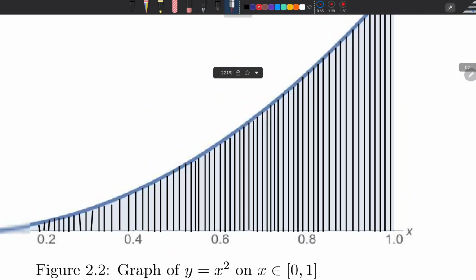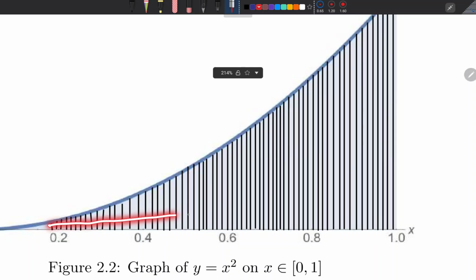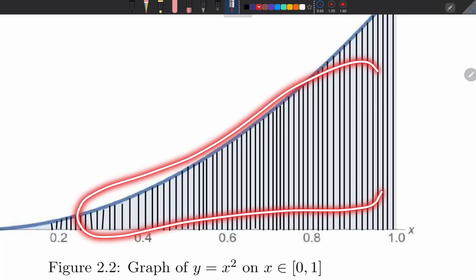Though you can say the distance between these two things is extremely high, we have to talk about finite rectangles here, and we have to imagine or visualize infinitely many rectangles in this area.